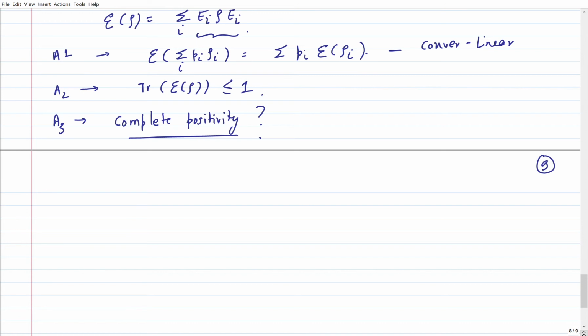How do we show that? Well, that's also easy. Let's say I have a state of a system, some system QR, where Q was my system and R was the extension we were talking about.